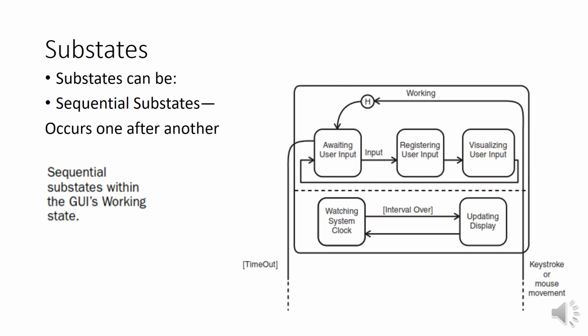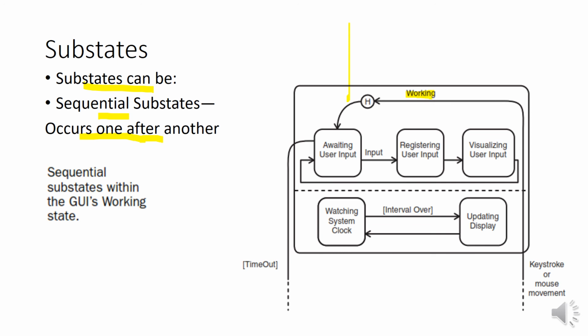Now the substates. Substates can be sequential and concurrent. Sequential substates are the ones which occur one after another, एक के बाद दूसरी occur होती है. In this diagram, if you recap the previous diagram, there was a working state.